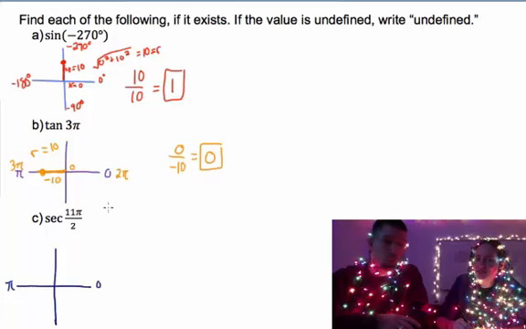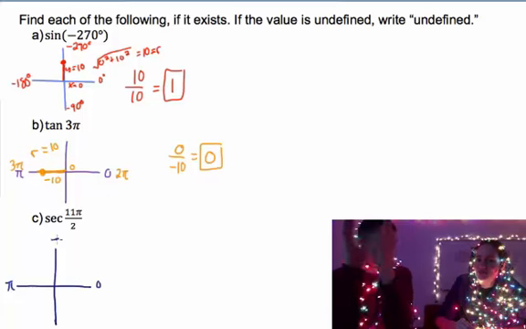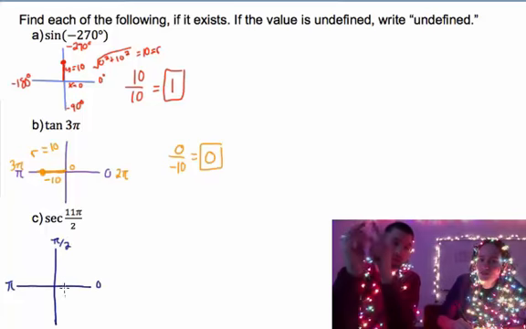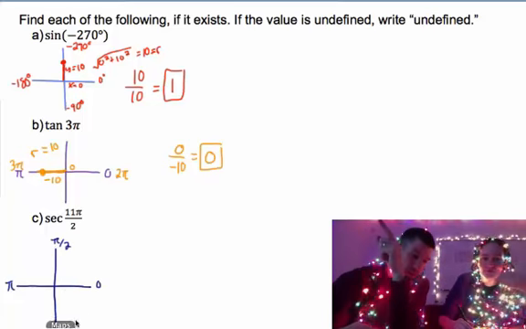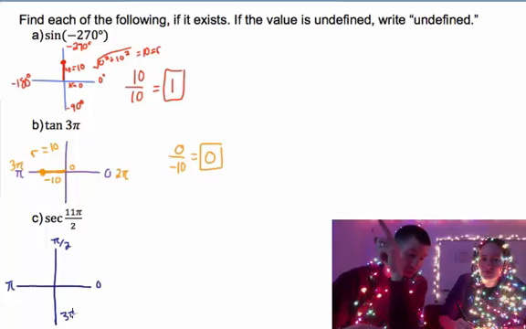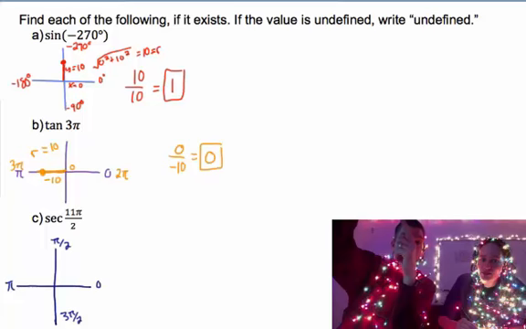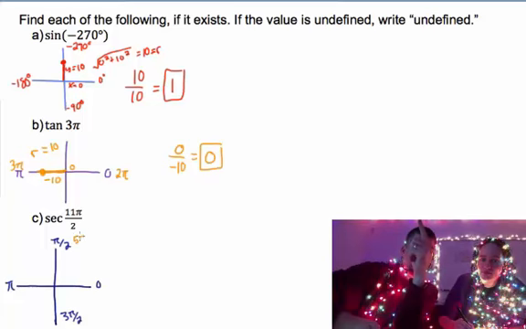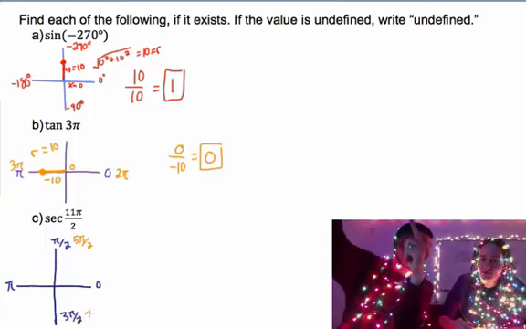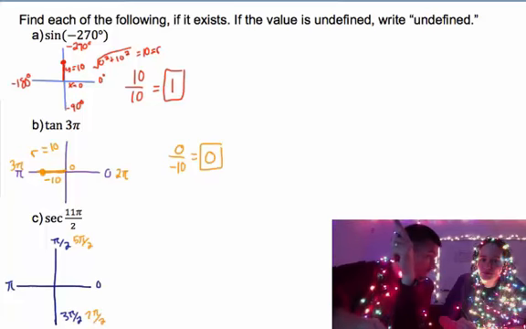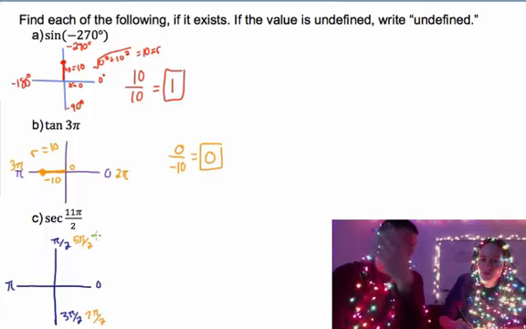Well, you start off and straight up you've got pi over 2. And then you go all the way around to the bottom, and that's 3 pi over 2. So I added 2 on top. If I add 2 again, that's 5. Add 2 again, that's 7. Add 2 again, that's 9. And add 2 more, that's 11. That's what I was going to do for the first time.